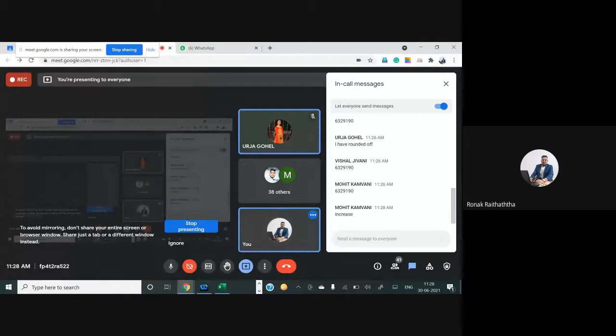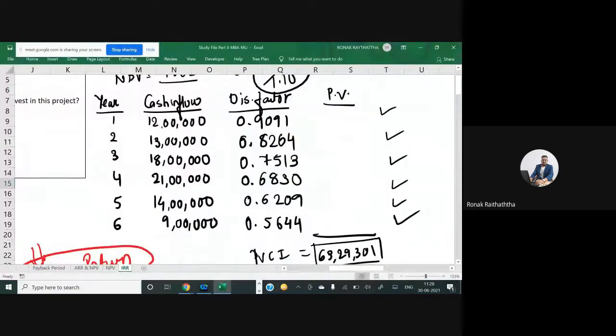Anyone else? Mr. Jigar is saying try 15. Very true. Miss Priska is also saying increase. So if we want to reduce this NPV, then we should increase the rate.